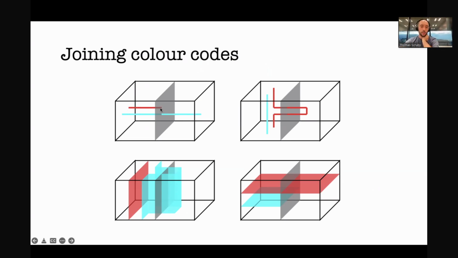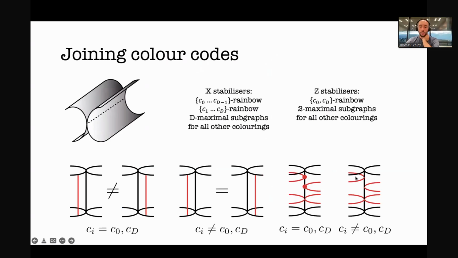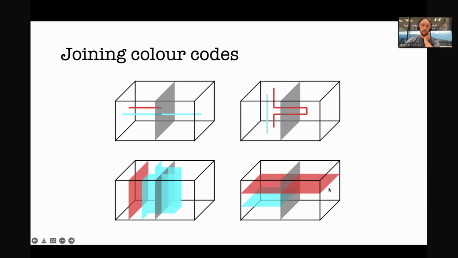This red string is allowed to just live on one side and doesn't have to branch, whereas this blue one branches through to live in the other torus as well as connecting back to itself. And for the ones going parallel, the red one is allowed to pass freely through and the blue one is not. The blue one is locked to live on the left-hand side.